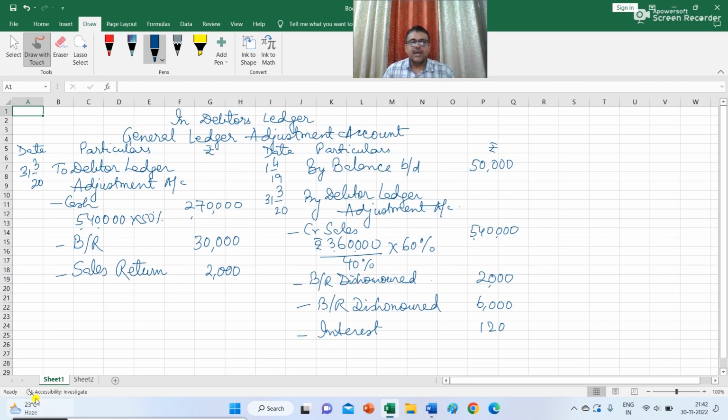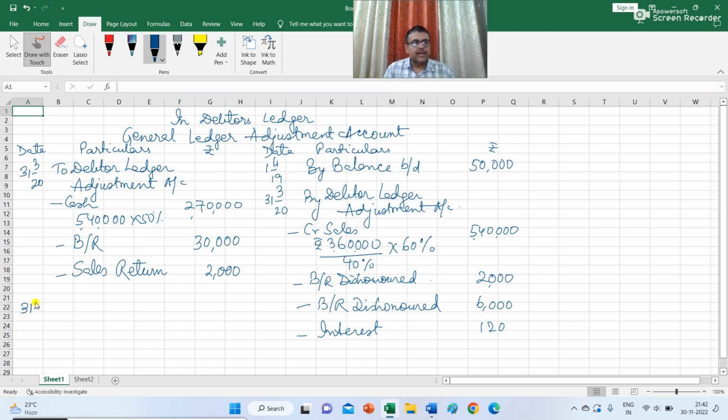So now it's time to close the general ledger adjustment account. First I am going to close the general ledger adjustment account appearing in the debtor ledger. So you will get a balancing figure on the debit side.